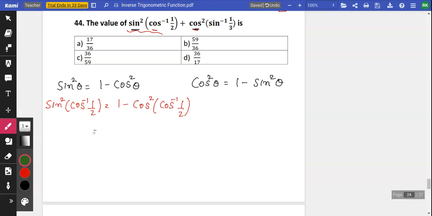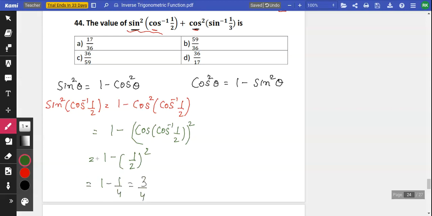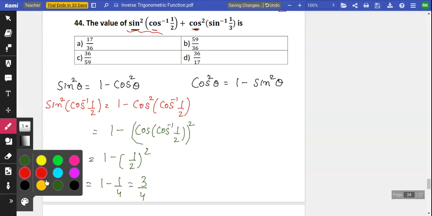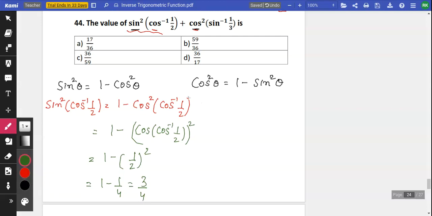Now we solve this term. It becomes 1 minus (cos of cos inverse 1 by 2) whole square. Cos of cos inverse 1 by 2 is 1 by 2, and the square of 1 by 2 becomes 1 by 4. 1 minus 1 by 4 is 3 by 4. Again we convert this cos in terms of sine.